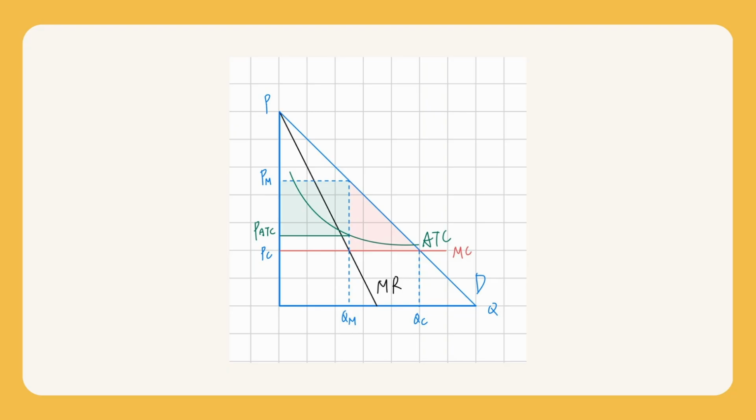And then we find Pm at the same quantity on the demand curve. And based on this quantity Qm, we find PATC. So the gap between Pm minus PATC times Qm, the quantity, is a green rectangle. That is TSMC's economic profit.